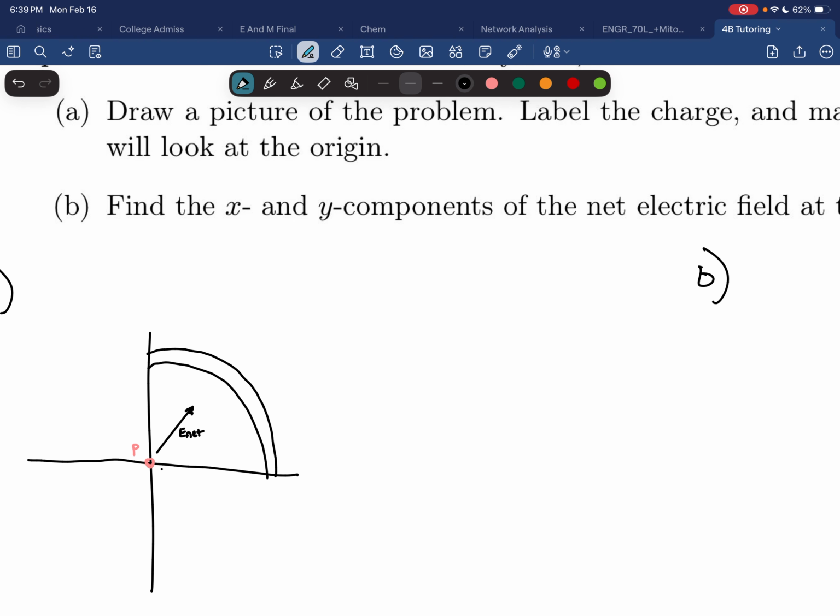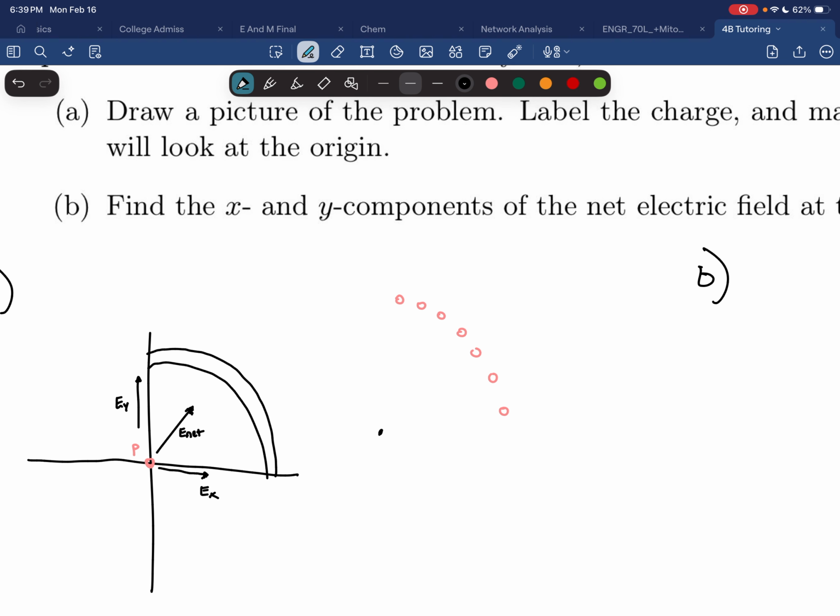And our E sub x will be straight to the right. E sub y will be straight up. And to help you visualize this, you can just imagine that every one of these little pink bubbles that I'm drawing is some negative charge.